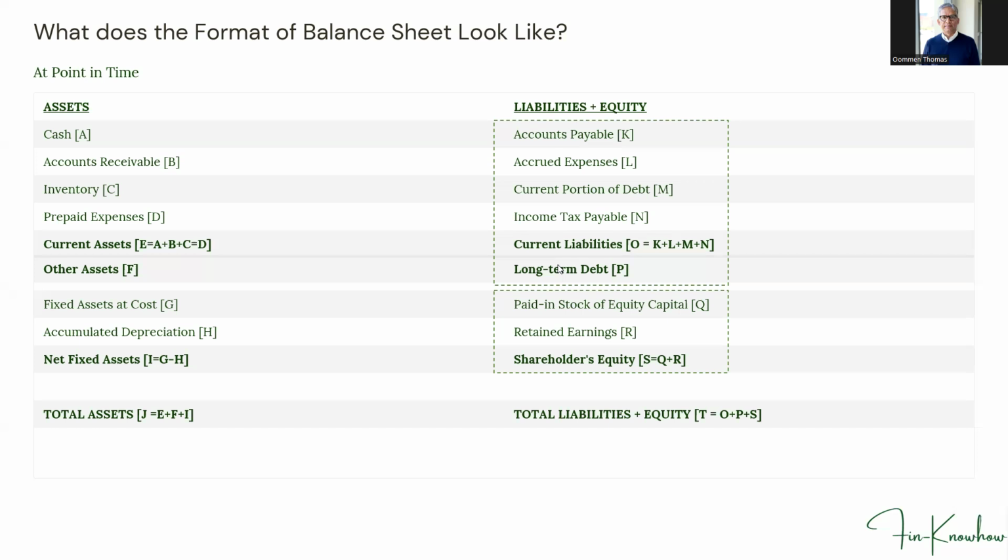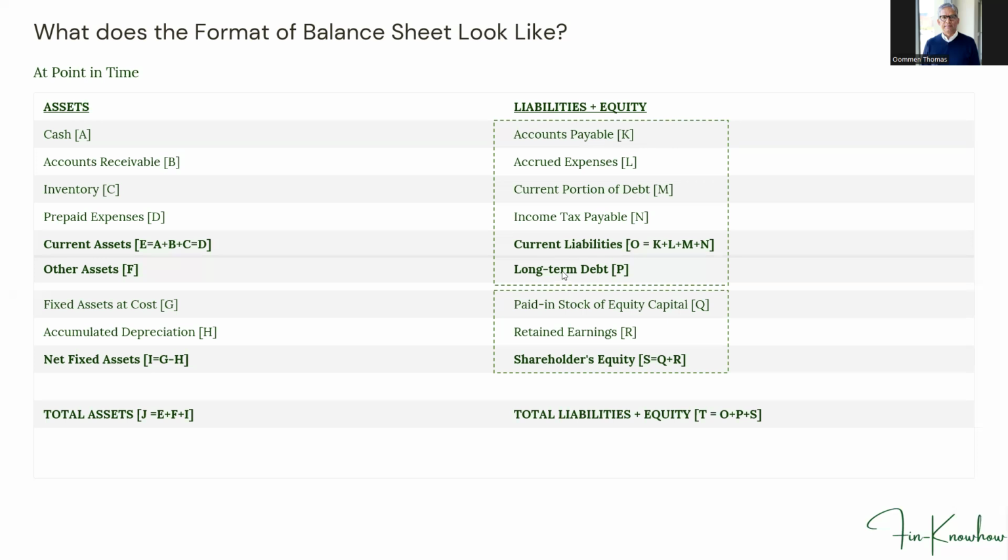As in the case of assets, there is a particular order in which these liabilities are listed. And the way they are listed is by looking at how soon those liabilities become due. In this case, the payables to vendors are the liability that becomes due the soonest, so it shows up on the top of the list.